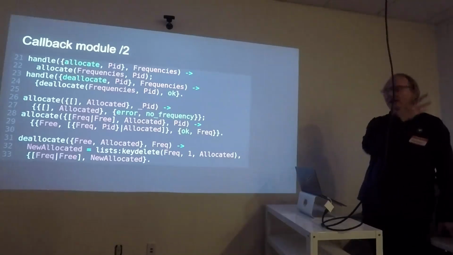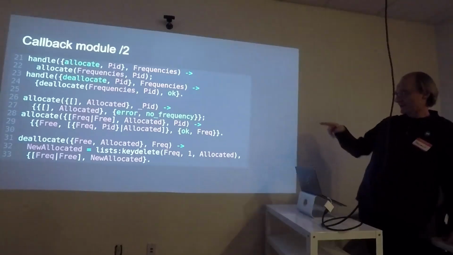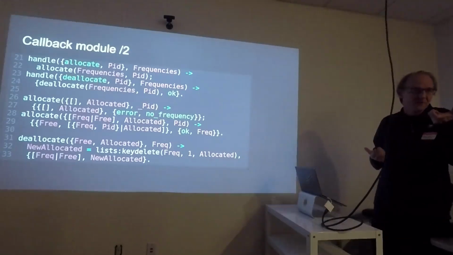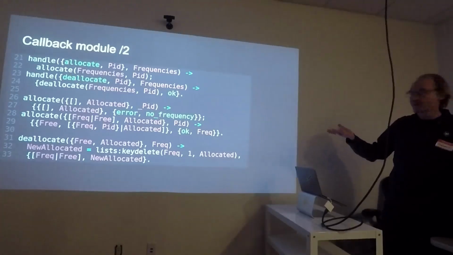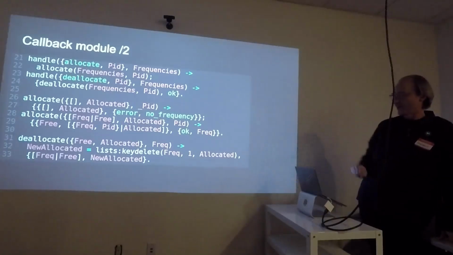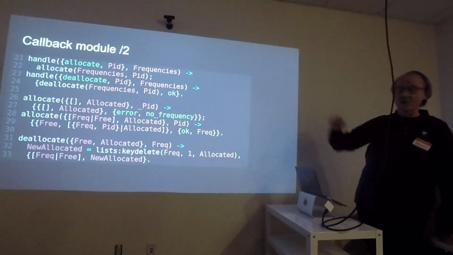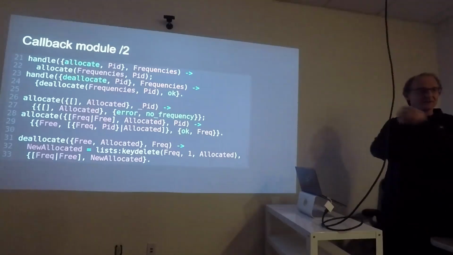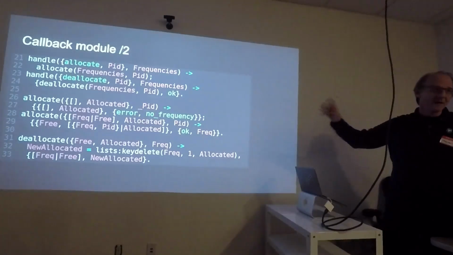So that's basically returning an error back. In other cases, where I do have a frequency, in line 28, that's just a list with frec as the first element, followed by the free, which might be empty, obviously. I return the free part, which is the thing behind the first number, and then I add that frequency to the allocated frequencies, and then I return an OK and the frequency.